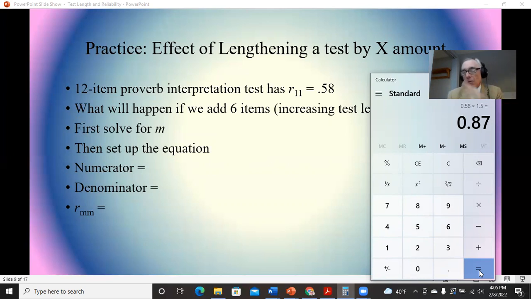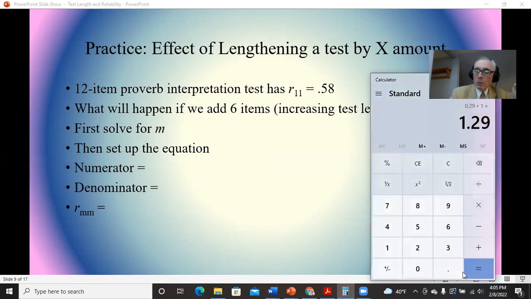So 1.5 minus 1 gives you 0.5. And then you multiply, so 0.5 times 0.58 equals 0.29. And then we're adding 1 to that. Probably didn't need the calculator, and I get 1.29.